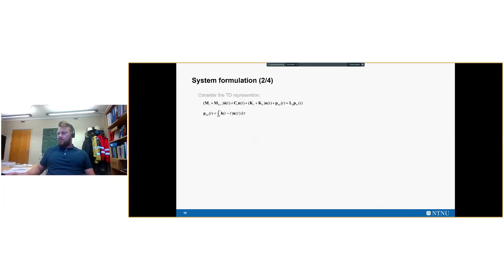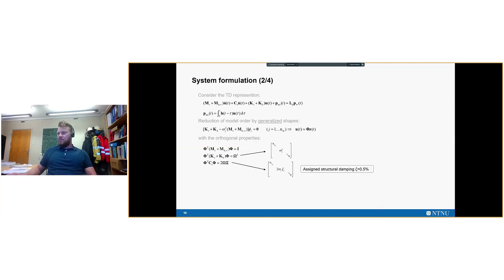So without going into too much mathematical detail, we first perform a model order reduction by so-called generalized shapes obtained from an eigenvalue problem of the system. And this problem gives us some reduced order orthogonal properties.